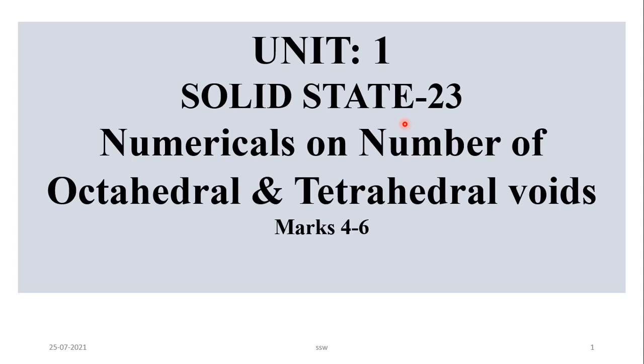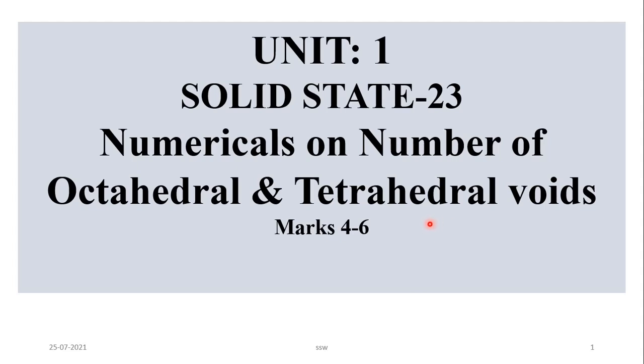In previous lectures on three-dimensional close packing, we have studied that due to stacking of hexagonal close pack layers, two types of voids occur in cubic close pack structure or FCC structure or hexagonal close pack structure.